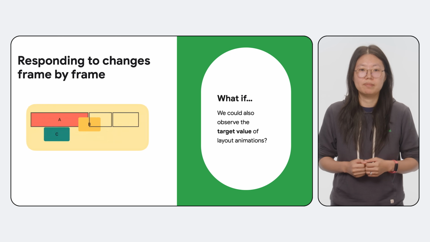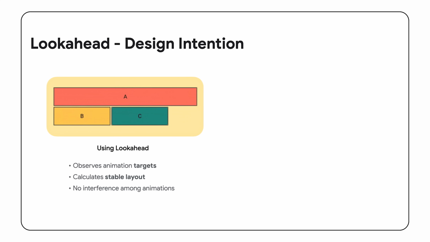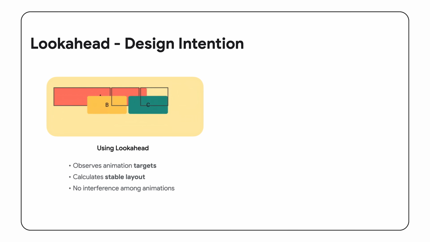What if we could observe not only the current value of each layout animation, but also the target value? That brings us to a new feature we introduced in Compose, Lookahead. The design intention for Lookahead is to look past any ongoing animations by observing the target values of these layout animations. Then we can use the target values to determine a stable layout ahead of time, as if all of the animations had already finished. You can see the stable layout indicated by the wireframes in this example.